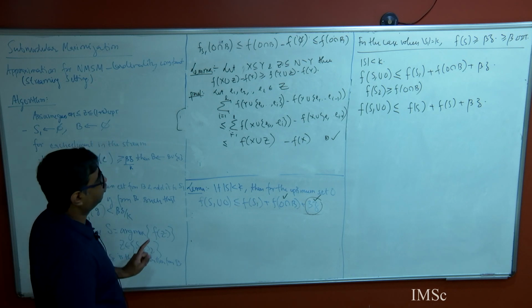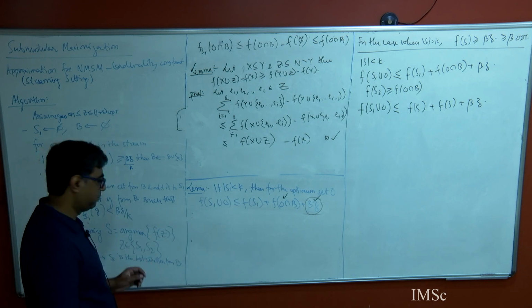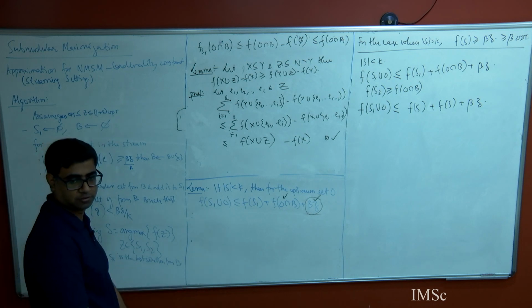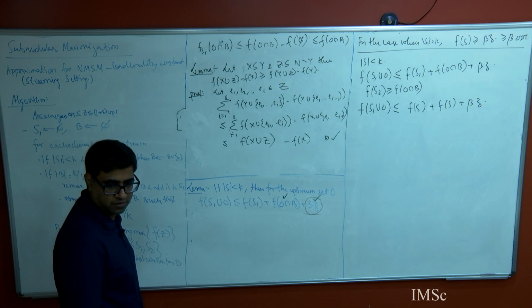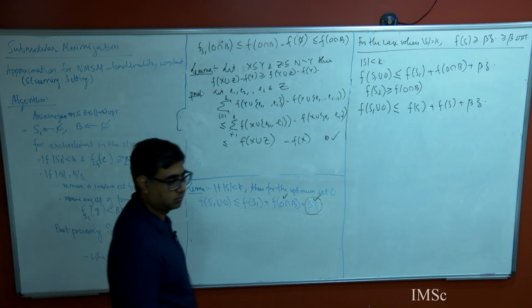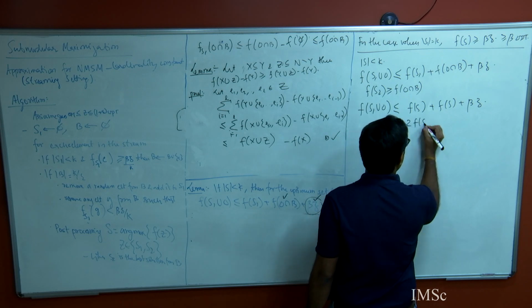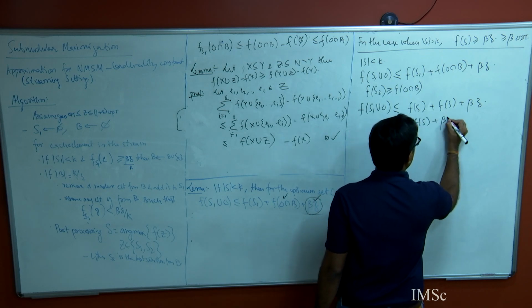First you show that S2 is better than f of O intersection B, because for S2 you're going over all subsets of B and taking the best solution. So in particular you're going to consider O intersection B. So this is equal to 2 times f of S plus beta Z.